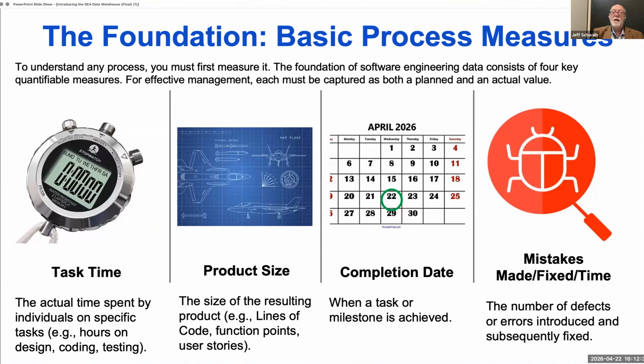We're excited. And then finally, mistakes in terms of what kind of mistakes were made, how long it took to fix them, what cycle or phase or step they were injected, removed, and so forth. That's going to lead to the metrics that we'll talk about on the next slide.